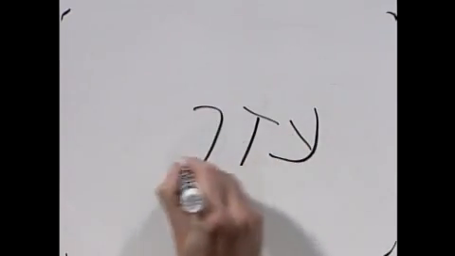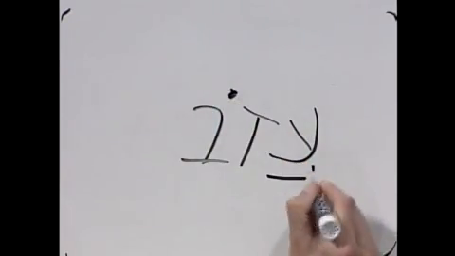But if we were to have a guttural in the R1 position, then instead of having a simple vocal schwa, we're obviously just going to have a composite schwa. And so the example I give you is azov. And notice here, under the ayin, we've got a composite schwa. And usually that composite schwa is a chateph patach, as you see here.